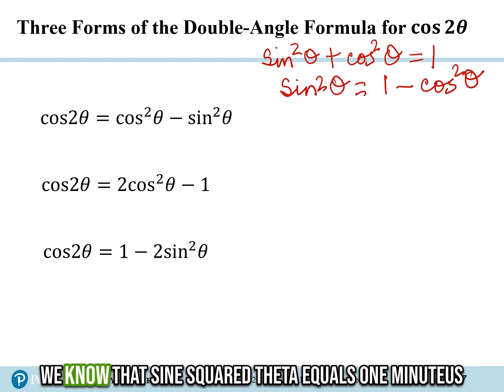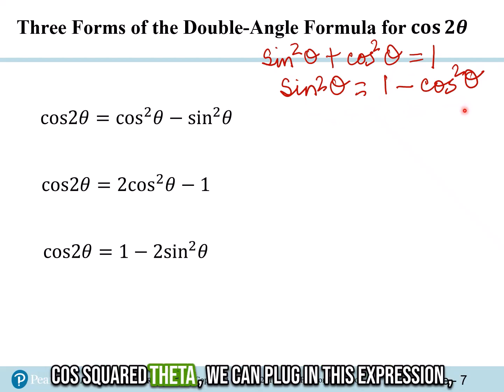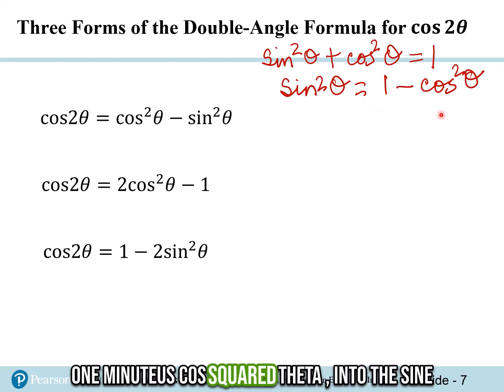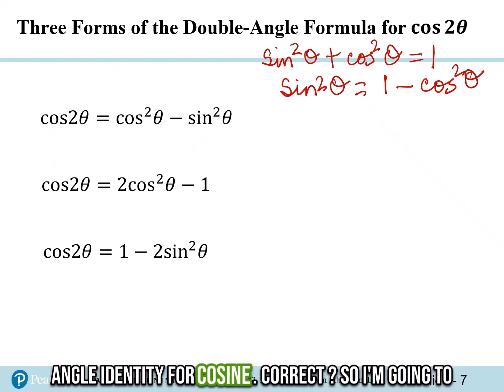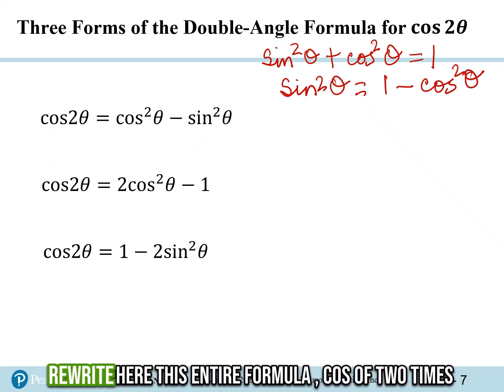So now that we know that sine squared theta equals 1 minus cos squared theta, we can plug in this expression 1 minus cos squared theta into the sine squared theta term for the first form of the double angle identity for cosine, correct? So I'm going to rewrite this entire formula.